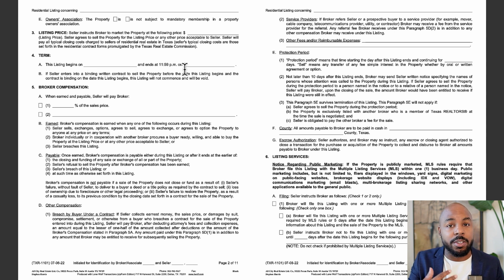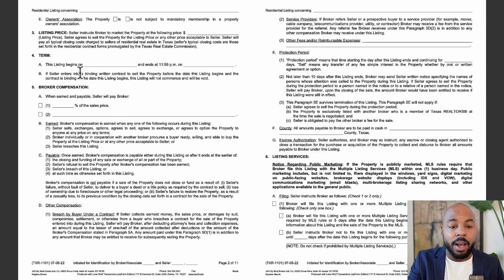We should have talked about that before, and so those days should sync up to the ones that we talked about. And it says, if seller enters into a written contract to sell the property before the date this listing begins, and the contract is binding on the date this listing begins, then the listing will not commence and be void. So if you sell it before the date on the listing agreement, then our listing agreement is void, okay?